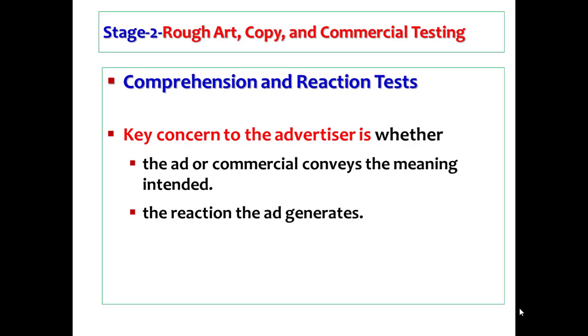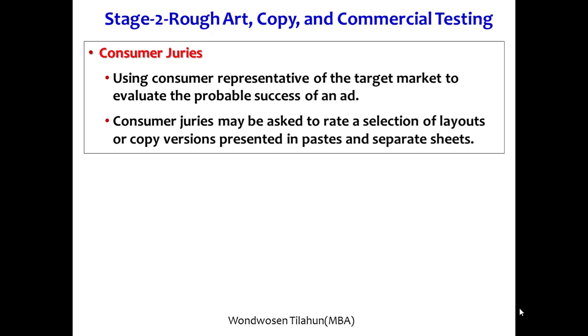So in this case, we have to measure its reaction. If the reaction is good, now we have to proceed with our activities. And if they convey the message properly, yes, the advertisement also fulfills the requirement in terms of its comprehension and reaction activities.